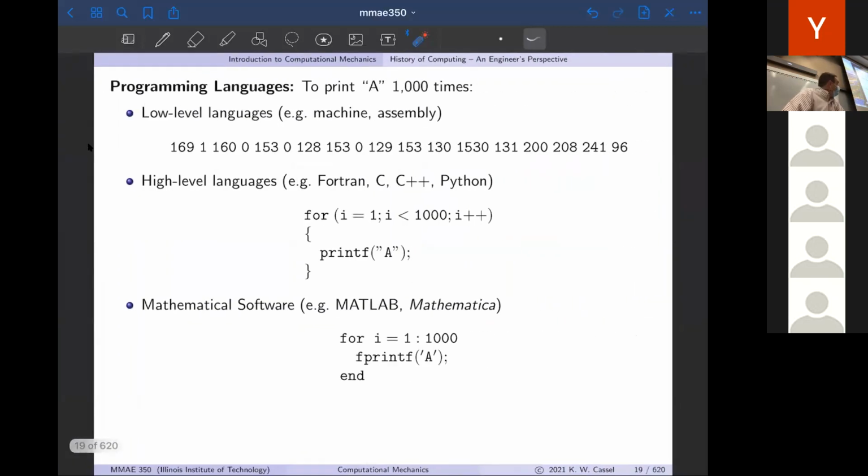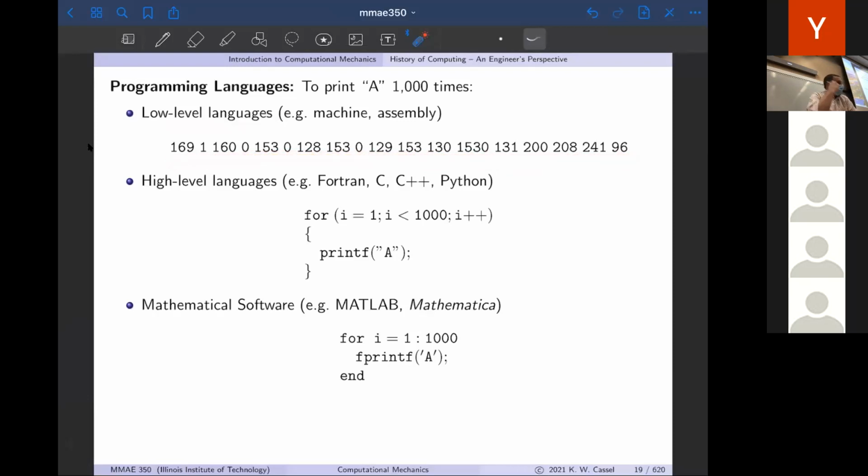Programming languages. Okay, so these are 3 examples of 3 very simple codes. They all do the same thing. They print the letter A 1,000 times. Pretty boring. The first one is what's called a low-level language. This is closer to how the computer actually speaks, and you can see it's just a trail of numbers.